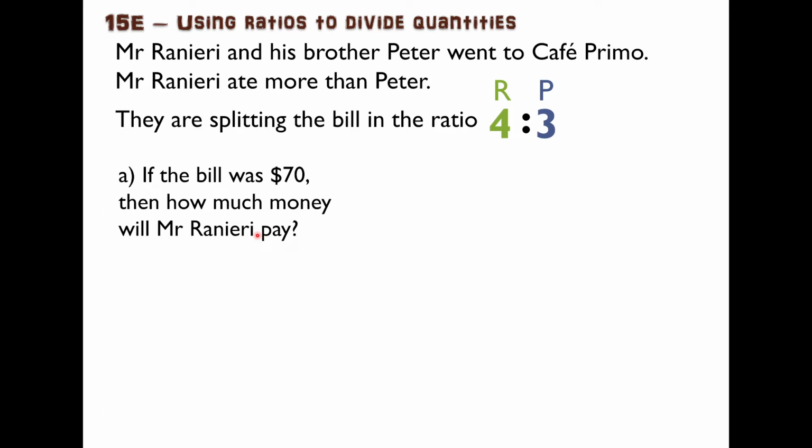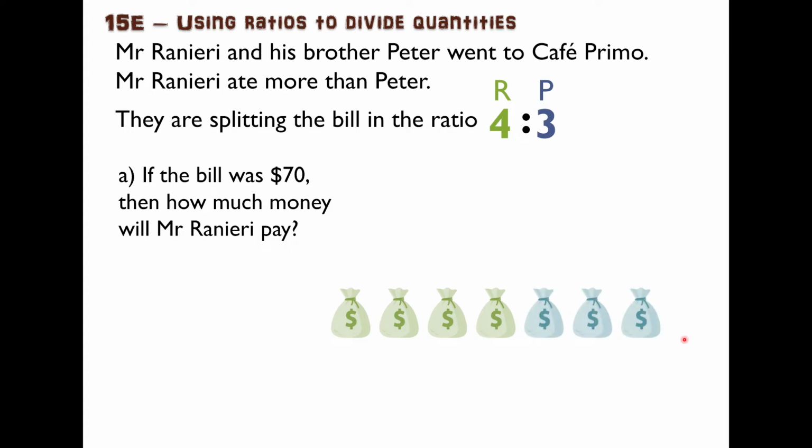Aneri pay? The strategy that I like to use to solve these is to imagine that you have 4 parts for Mr. Aneri and 3 parts for Peter in the ratio 4:3, with Mr. Aneri paying a little bit more. So we're going to get this $70 divided into how many piles of money are here?